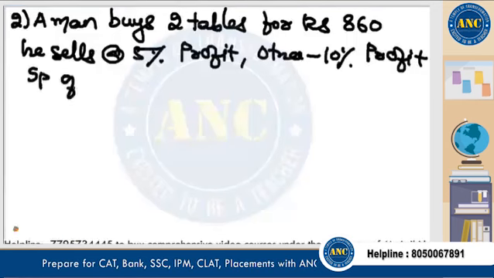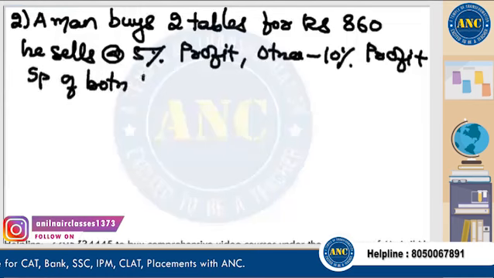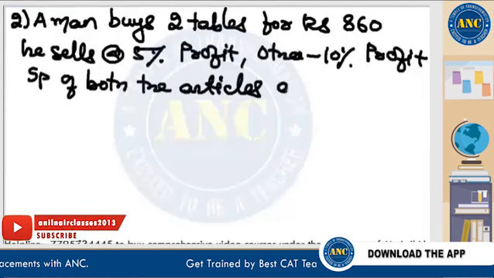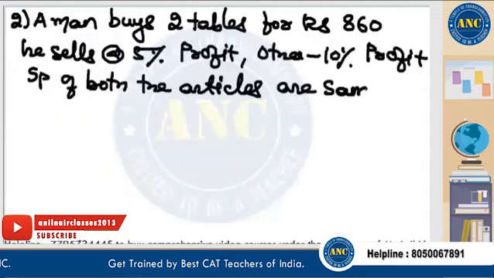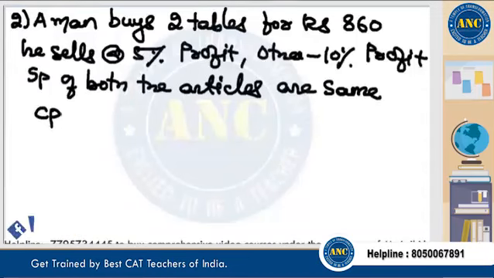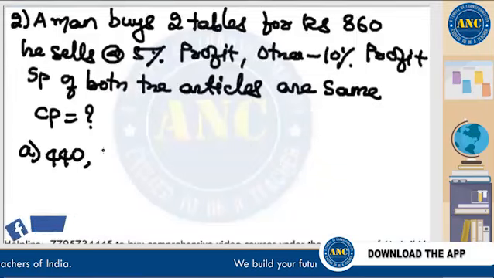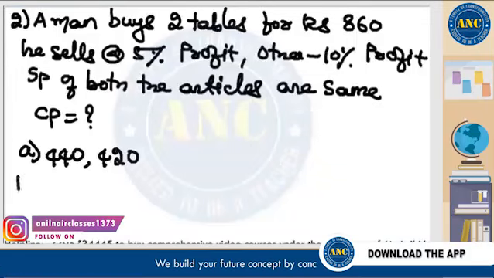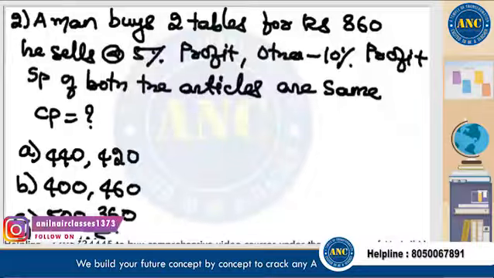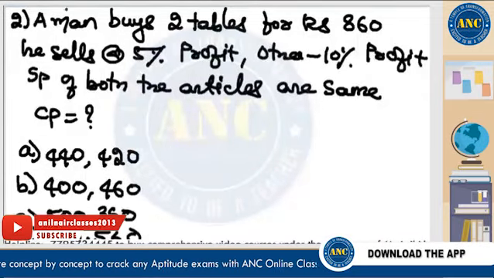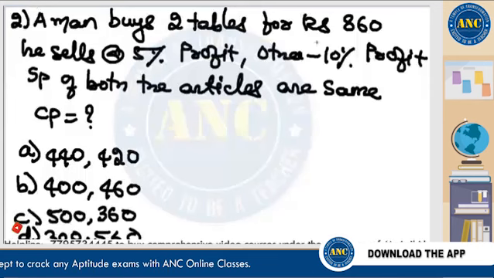Selling price of both the articles is the same. Cost price is how much? Original options: 440 and 420, 300 and 560.